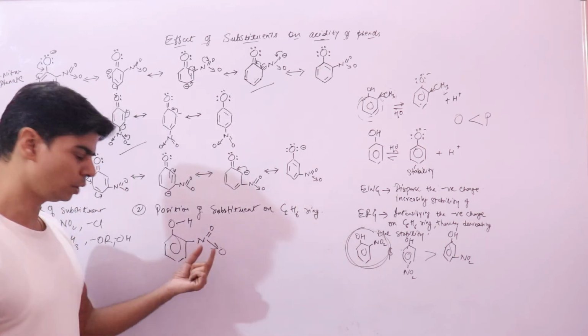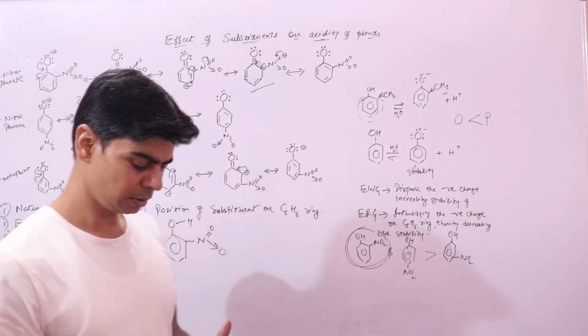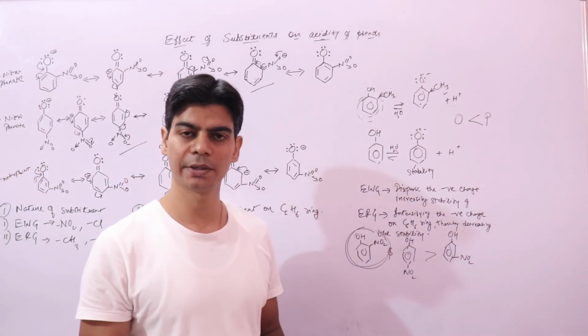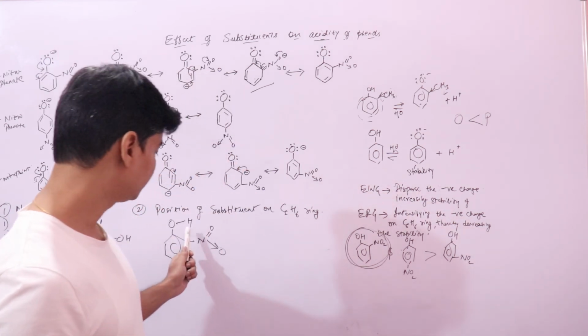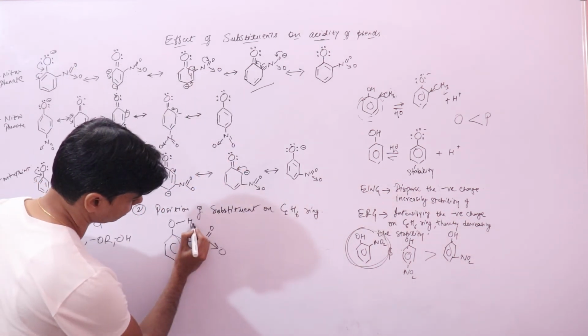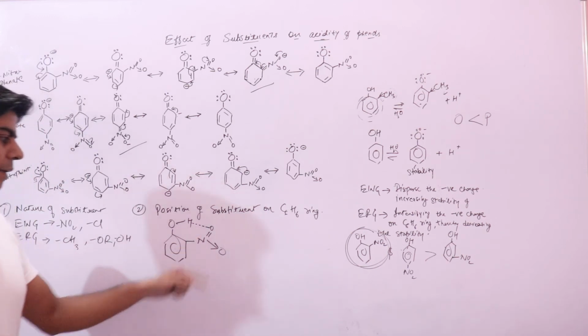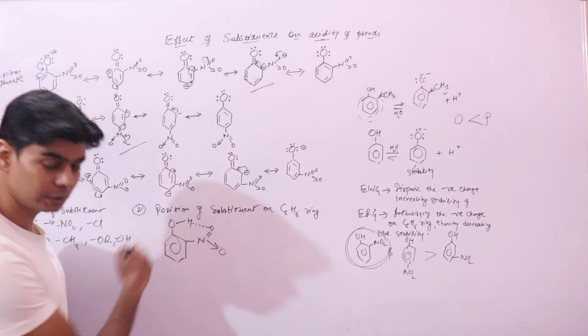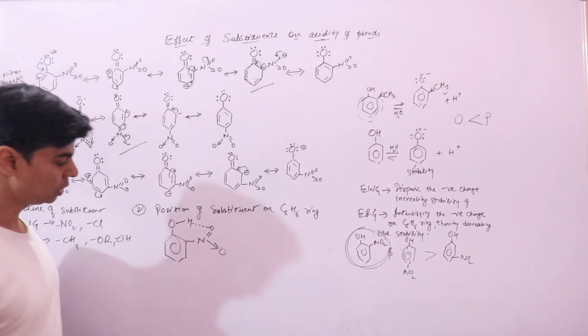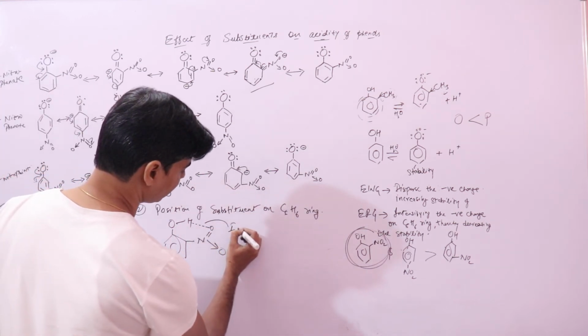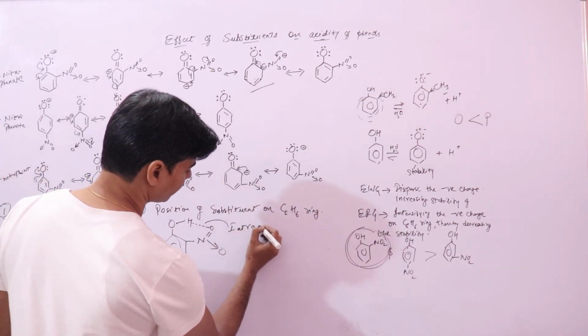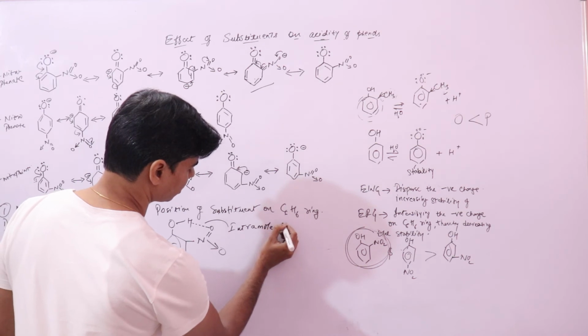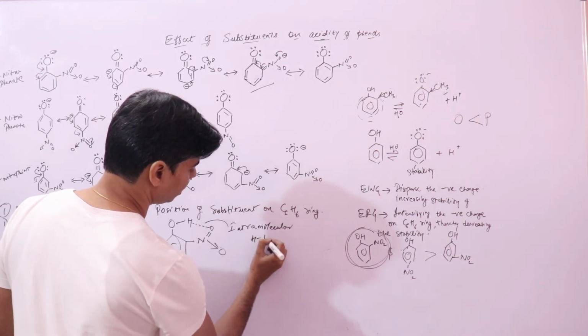For hydrogen bonding, we need a highly electronegative oxygen and then a hydrogen atom. So you can have hydrogen bonding here. This is within the molecule, so we call it intramolecular hydrogen bonding.